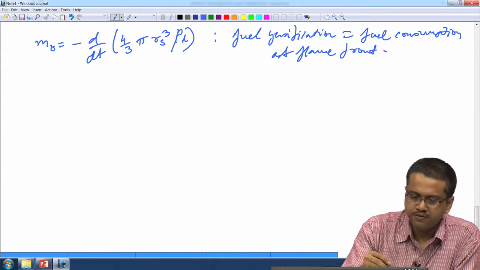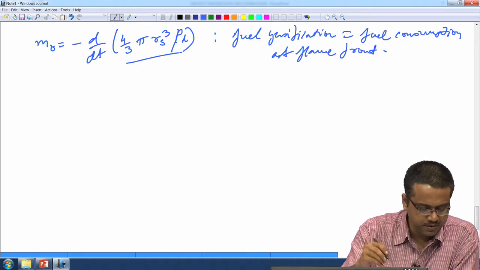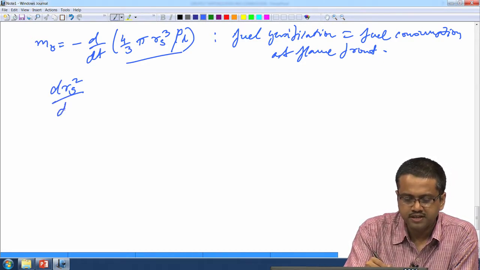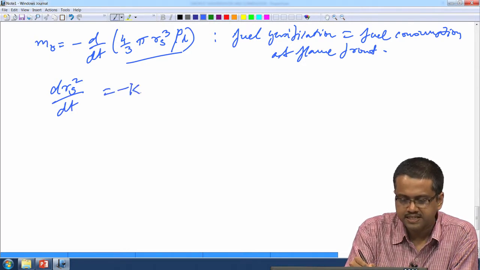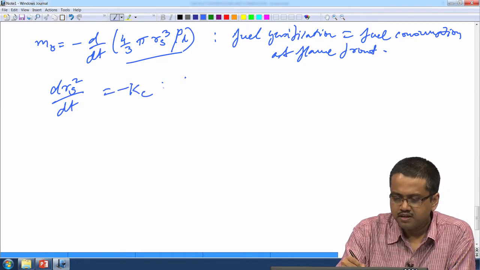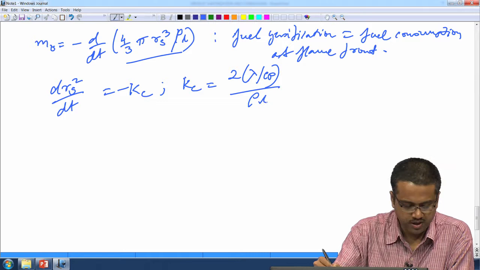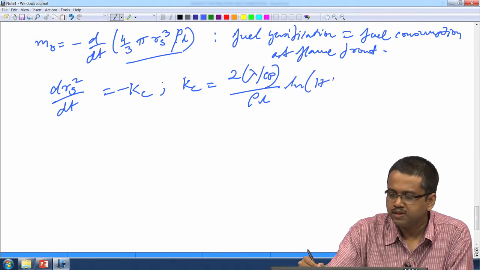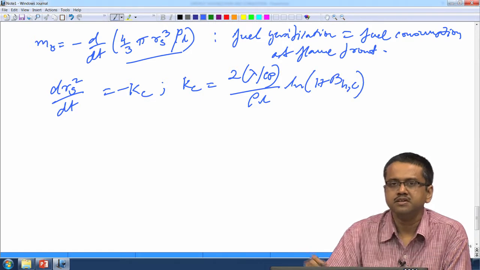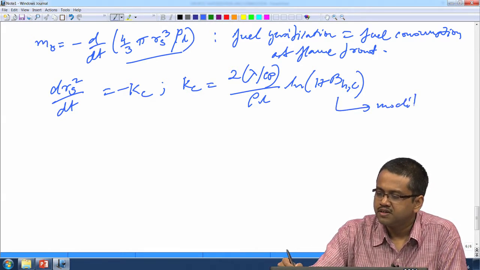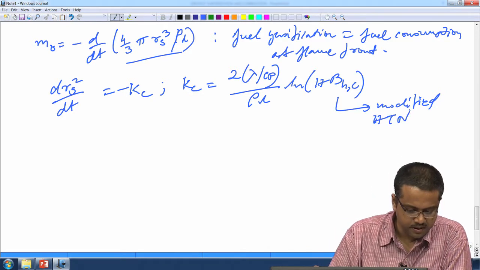So, now if you just equate this expression with the previous one that we wrote for mc, this will give you dRs square by dt equal to minus Kc. Kc is equal to 2 lambda by Cp by rho L ln 1 plus Bhc, right. This you can recall, this is the modified heat transfer number, HTN.